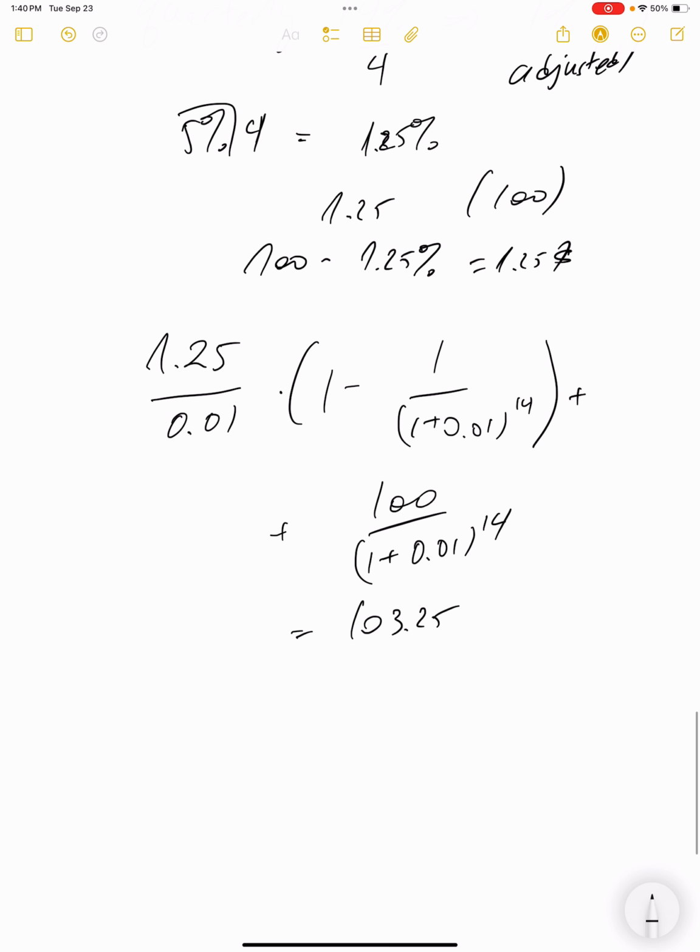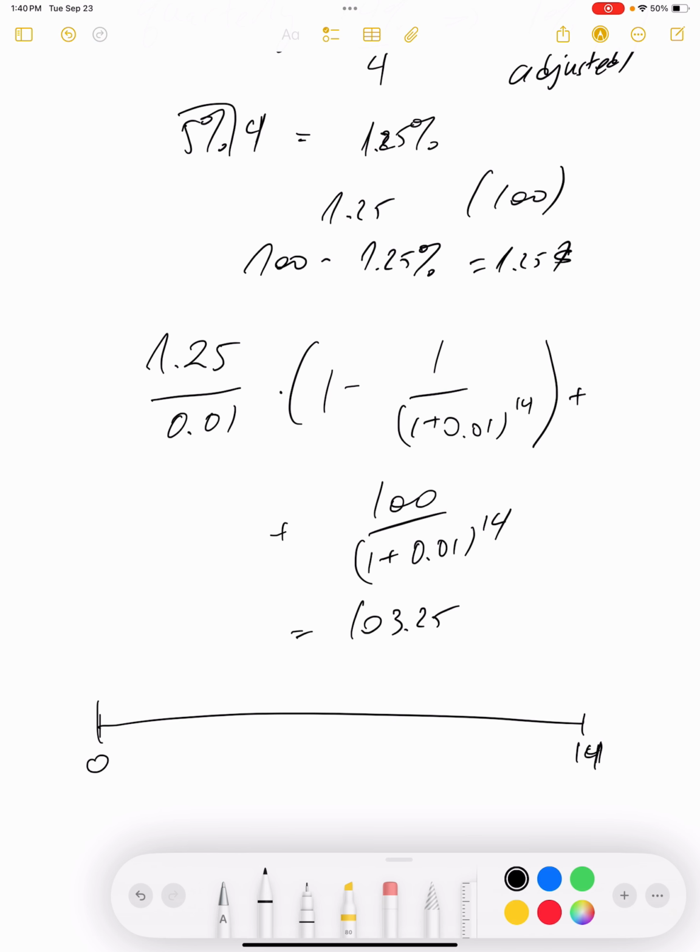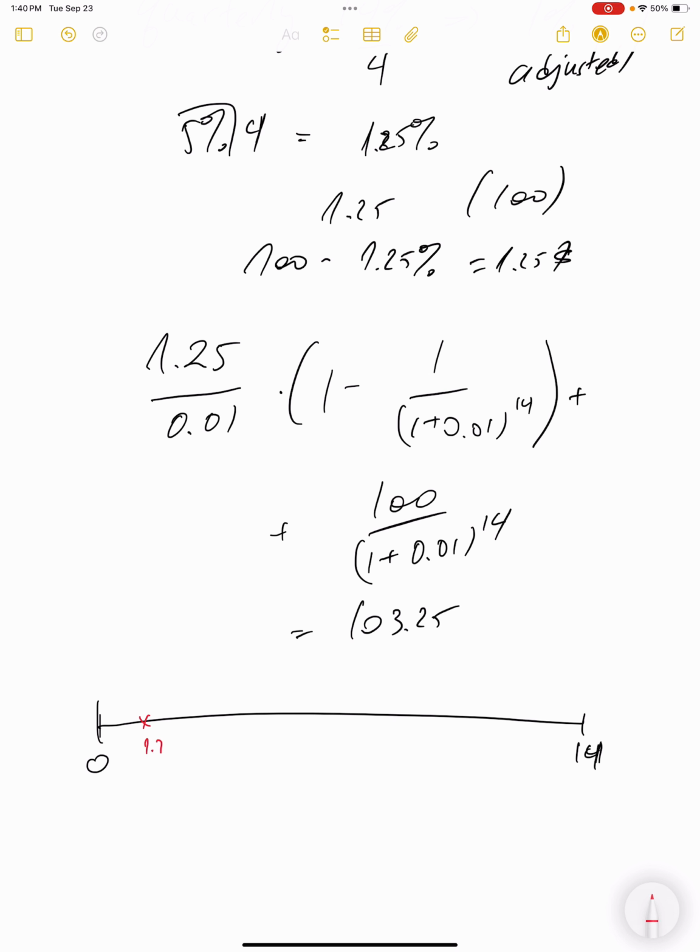Okay, so the timeline looks like this. If this is your timeline, this is 0, let's say until 14, and every quarter you're making a payment of 1.25. And at the end, you're making a payment of 1.25, but then you also make a payment of 100. So at the end, you are going to make a payment of 101.25. And what you do is find the present value of each of these payments. So the first payment is going to be 1.25 divided by 1 plus 0.01.